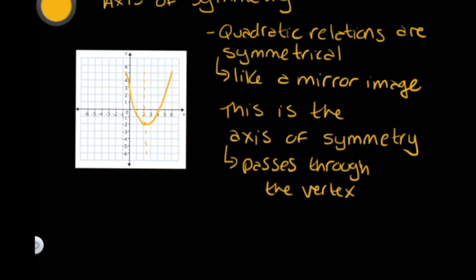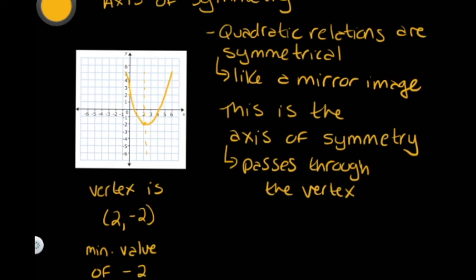So for this parabola, the vertex is at +2 and -2, right? So +2 on my x and -2 on my y. That means I have a minimum value of -2, right? The lowest point that this reaches is -2.